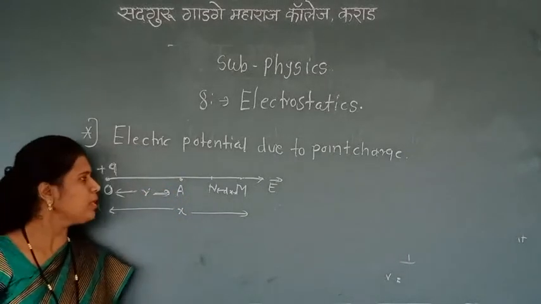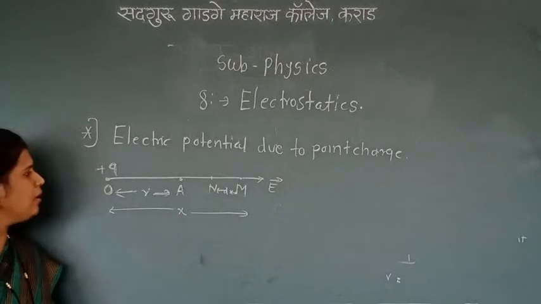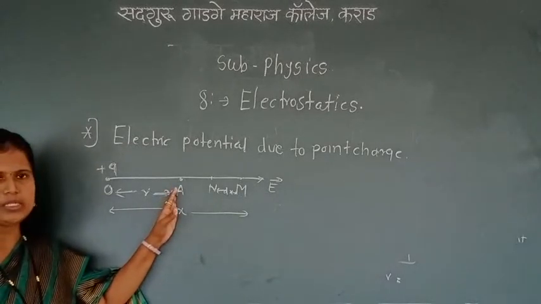Now, how do we obtain the electric potential at point A?